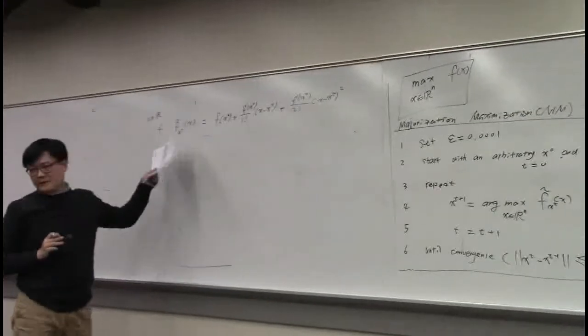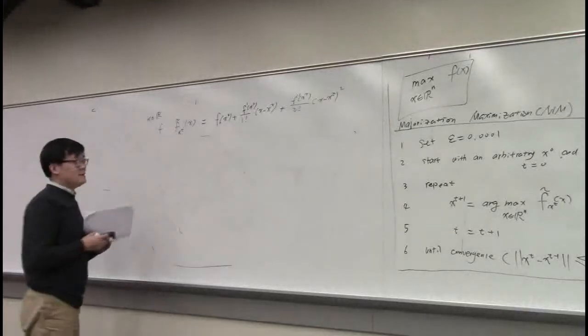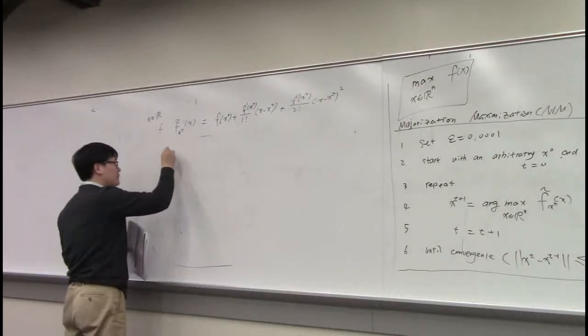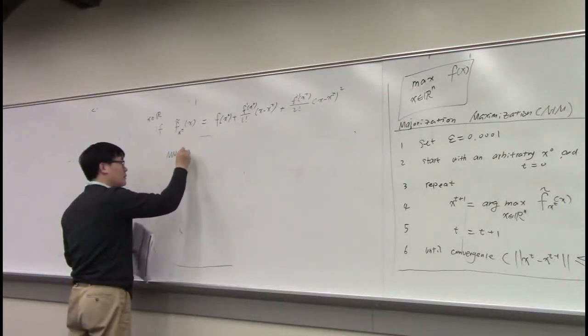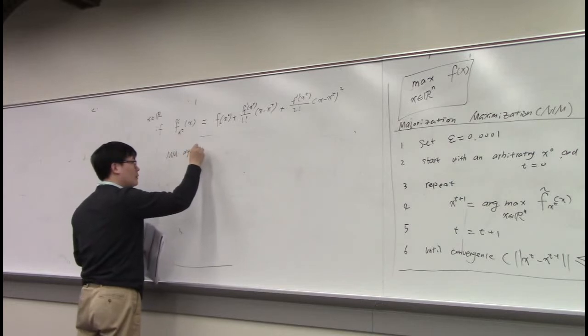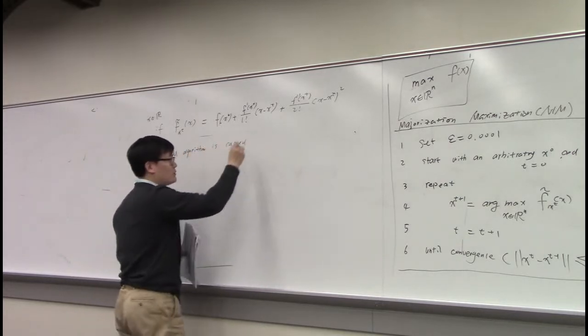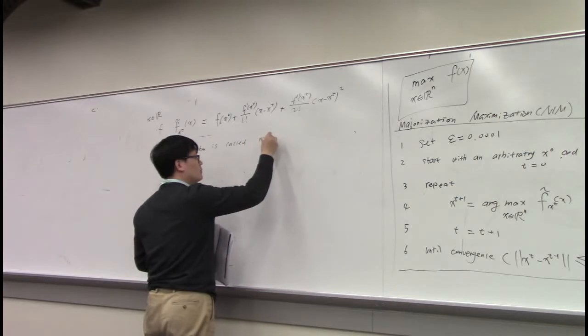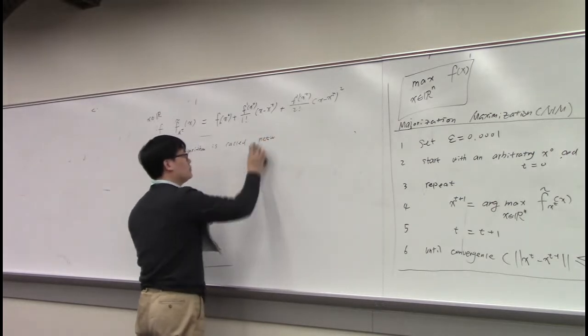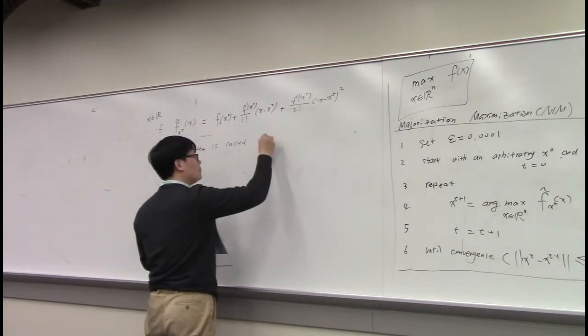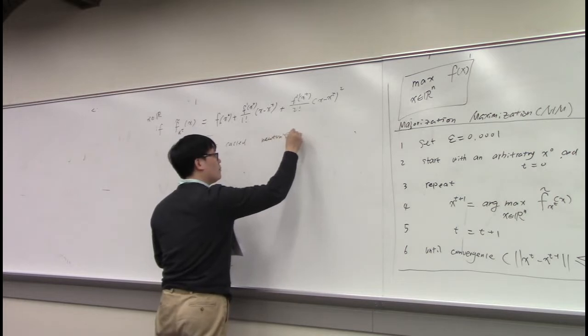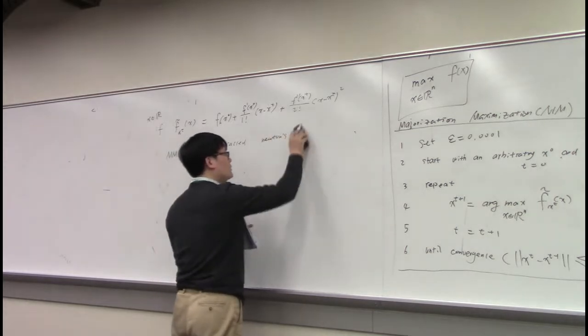If we consider the second order Taylor expression, then the MM algorithm is called Newton's method, Newton's algorithm.